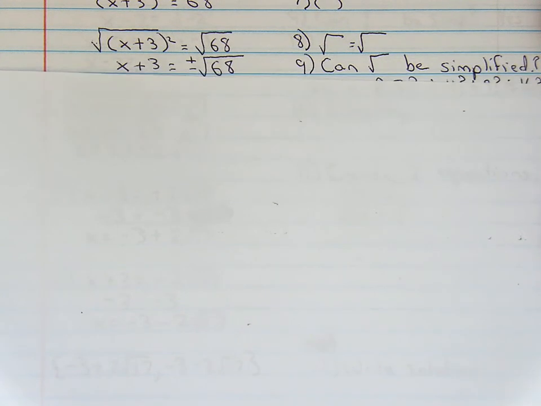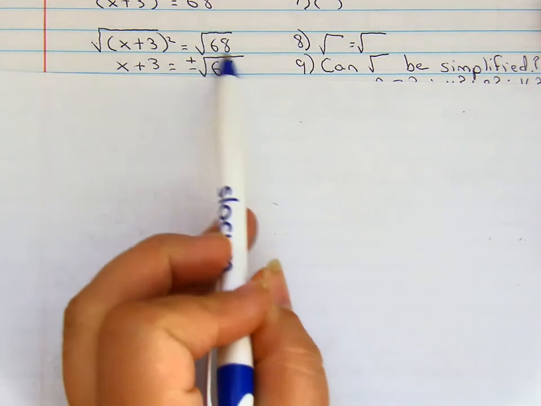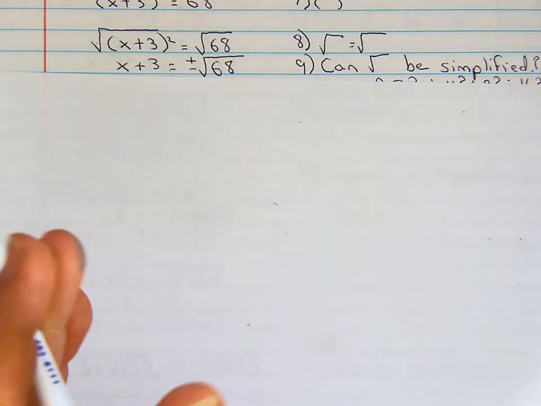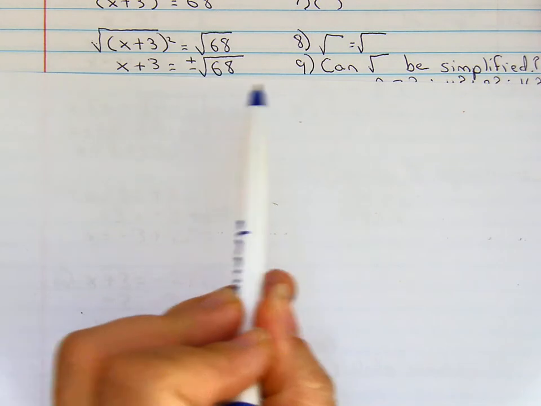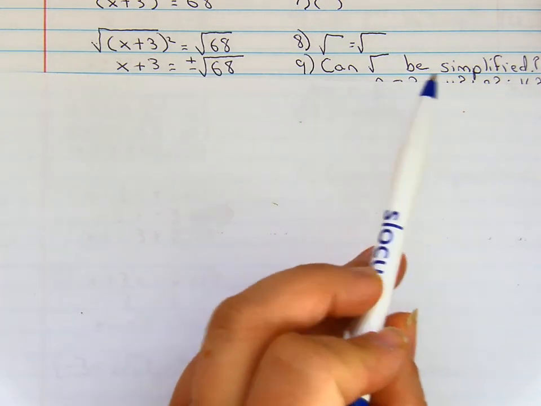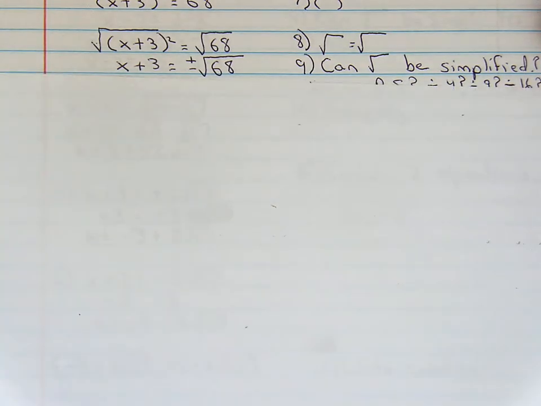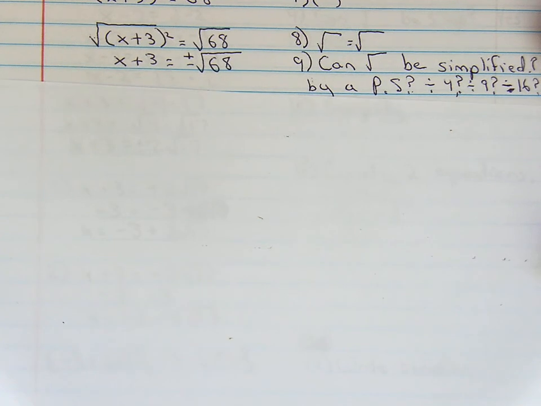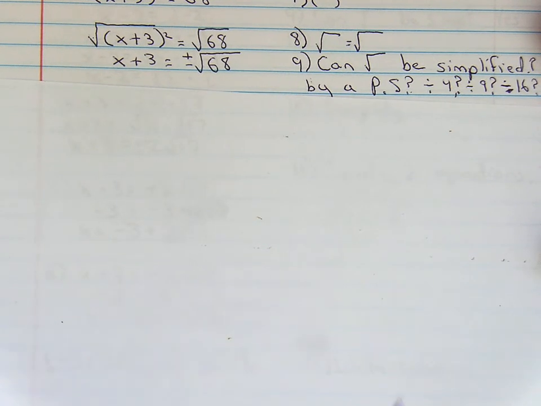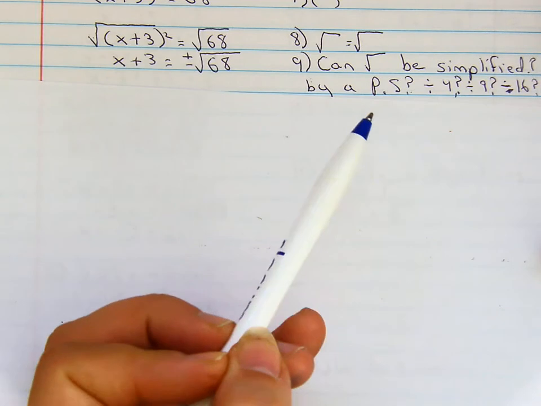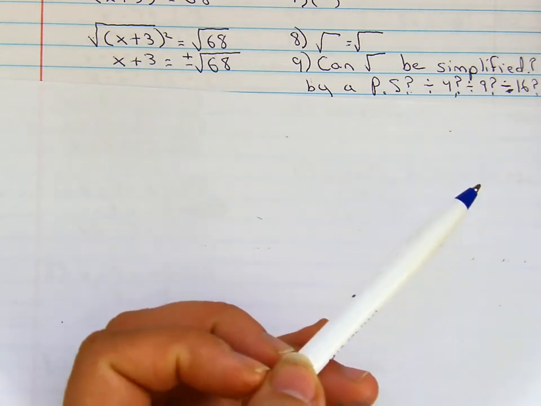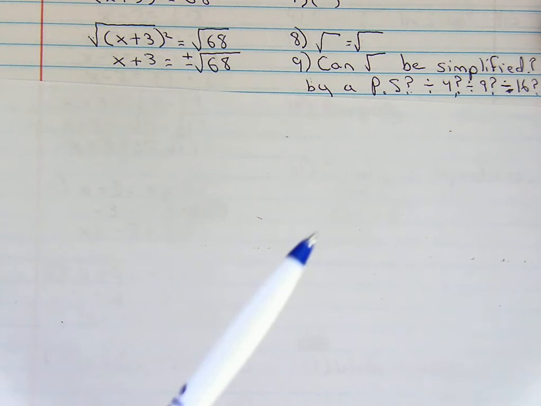And when you do that, you have to ask yourself, if you get something like here where it's not a perfect square, last time it was 100, which was beautiful, it was a perfect square, then you have to ask yourself, can that radical be simplified? And can it be simplified by dividing by a perfect square? So remember, our perfect squares are things like 4, 9, 16, 25, 36, 49, etc., okay?